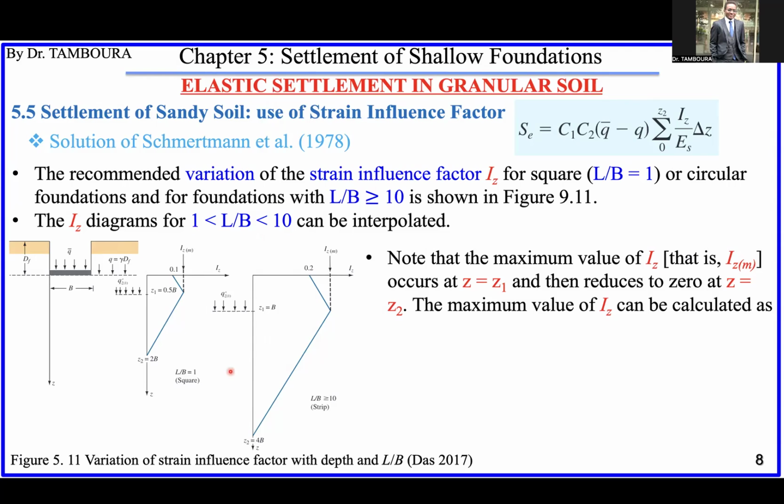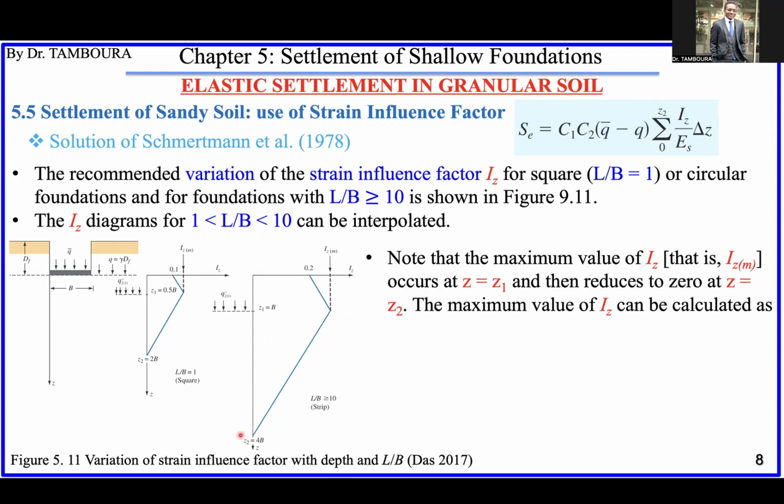Okay, so the maximum value of this IZ, as you can see in this case, is this value, the maximum. At the surface, it's starting from here and it reaches the maximum, then it decreases again. Same here, at the ground level, or let's say at the foundation level, it starts here, then comes here, the maximum, and it goes decreasing.